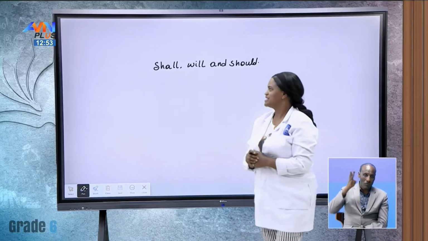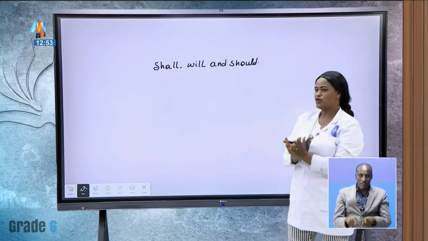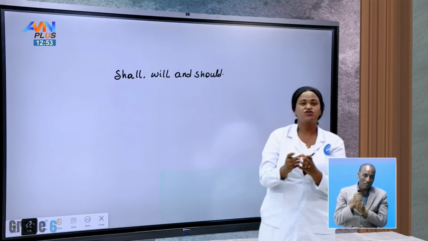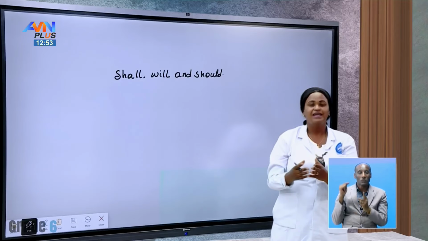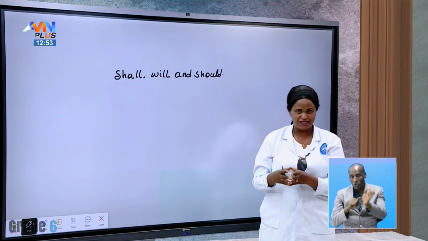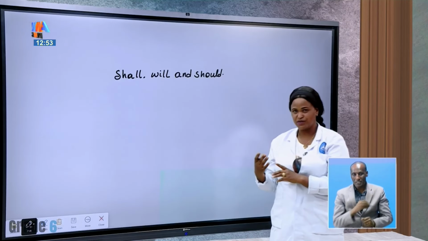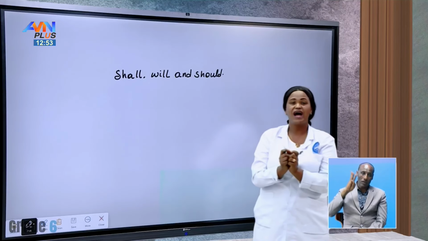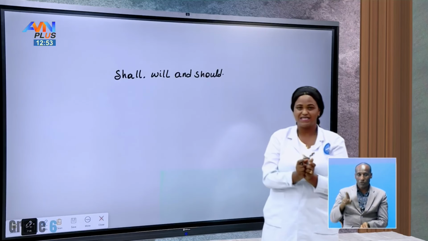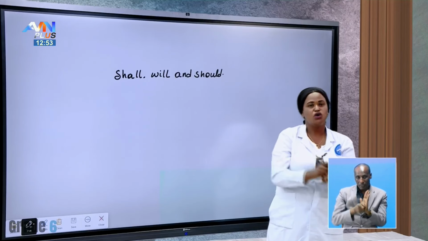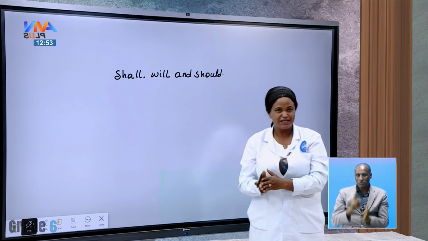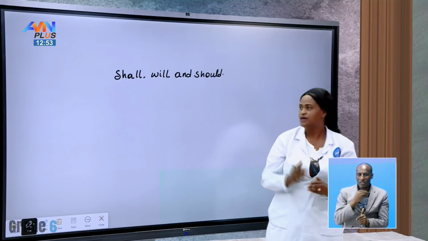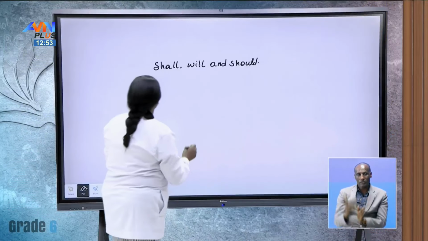But in this case, we are not going to use them just for future activities. We are going to use them in showing possibility and probability. These are the second group. I will give you good examples to help you identify which one has the greatest possibility, which case we are certain, and which one is just an expectation. Look at this sentence.